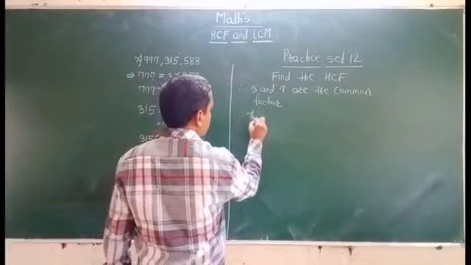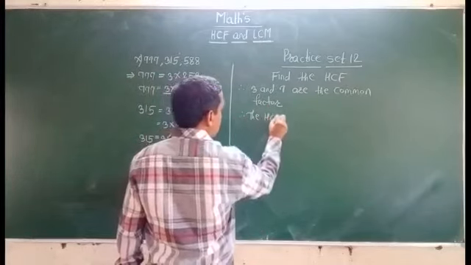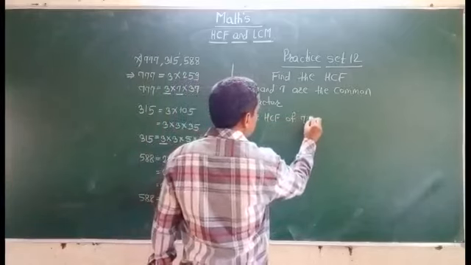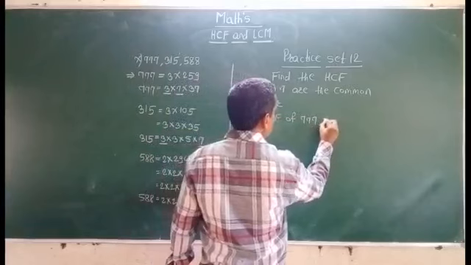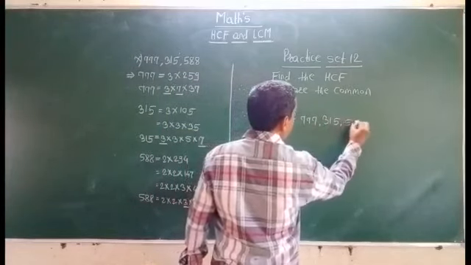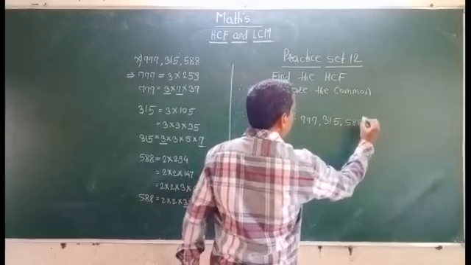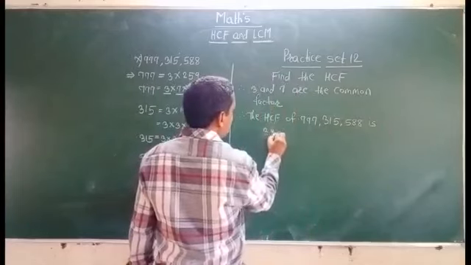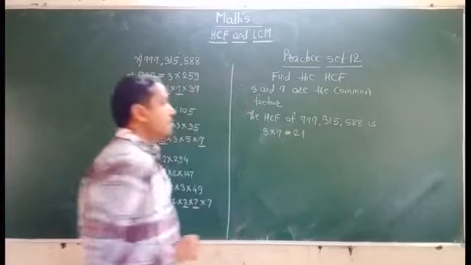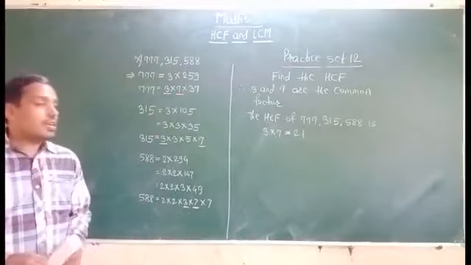Therefore, the HCF of 777, 350 and 588 is 3 into 7, which is 21.